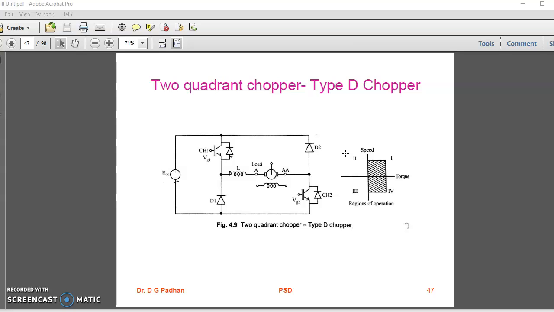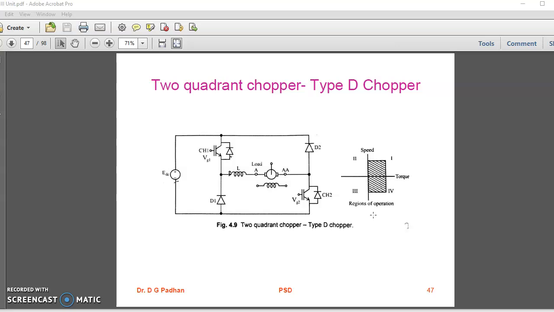While coming down, the kinetic energy is converted to electrical energy and fed back to the DC source. Thus, going up is the first quadrant operation, and coming down is the fourth quadrant operation.